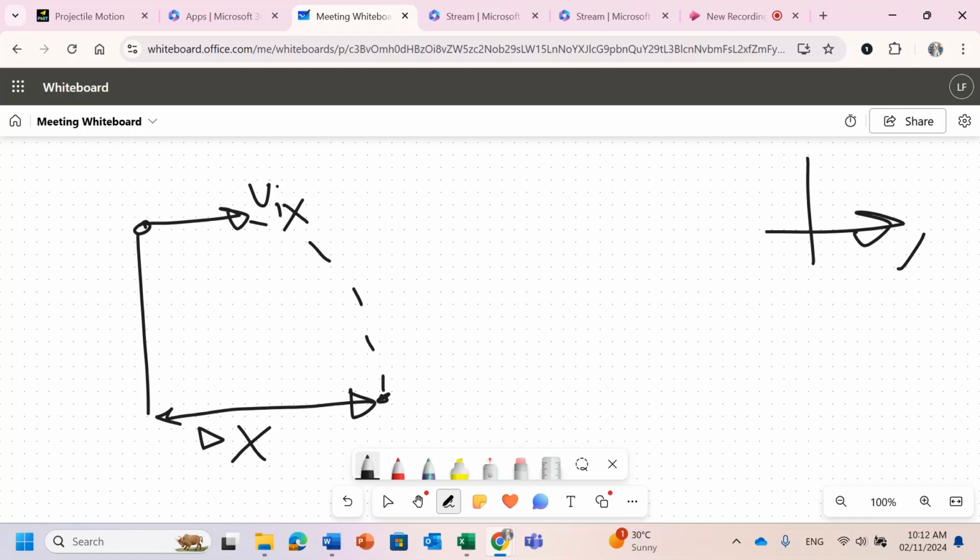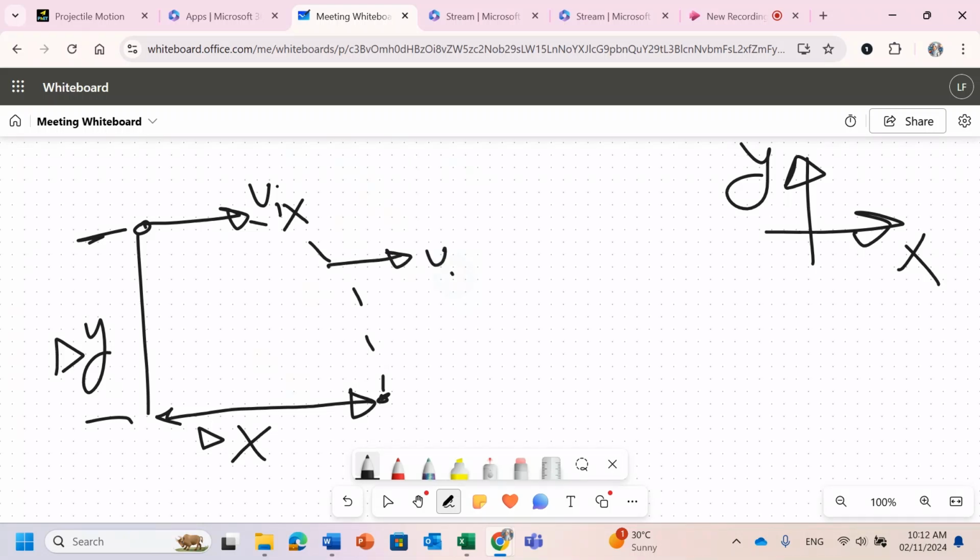In the vertical y direction, the height of the projectile, this one, is delta y. Now V initial in the y direction I'm going to start with 0, because the projectile at the beginning wasn't moving in the y direction, and then this velocity keeps increasing until it becomes maximum, v final here in the y direction, just before it hits the ground.